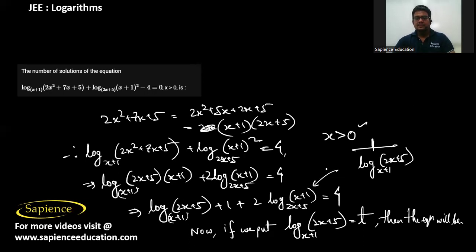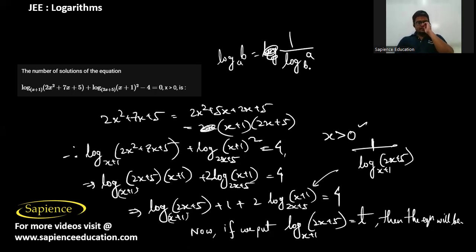This log of x plus 1, since the rule is, as we know, log of b base a is equal to 1 by log of a base b. So this can be written as 1 by log of 2x plus 5 base x plus 1.